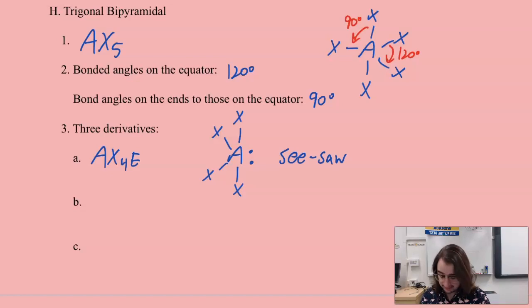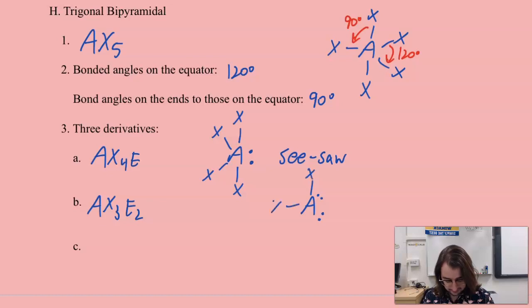And then we have AX3E2, which if we take off more, I'm going to draw this one over here because I ran out of space a little bit. Now we have something called T-shaped. So this actually is a T-shape. That's why we don't draw a trigonal planar in a T-shape. It's already been taken.